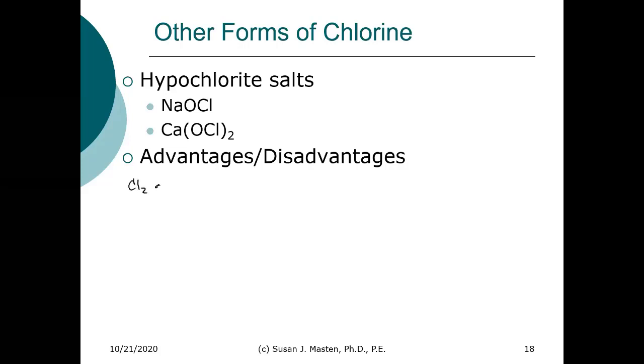So, advantages and disadvantages of these different forms. When we look at chlorine gas, it's cheaper than either sodium hypochlorite or calcium hypochlorite. It will tend to decrease the pH. You saw when we add chlorine gas and it hydrolyzes, it releases H+ and Cl-.